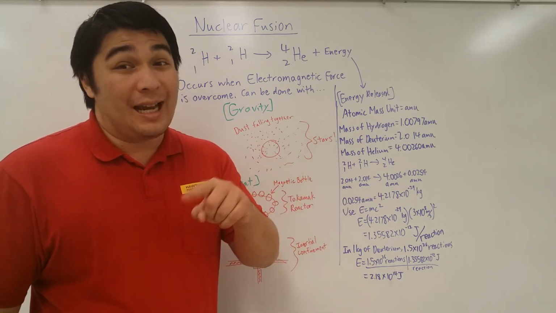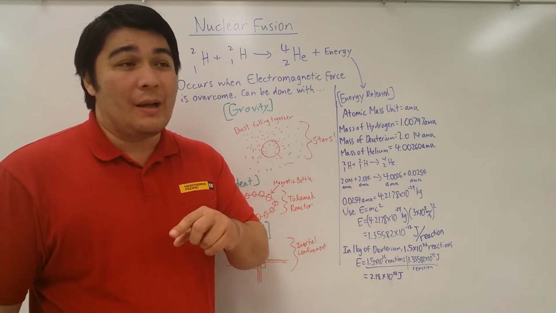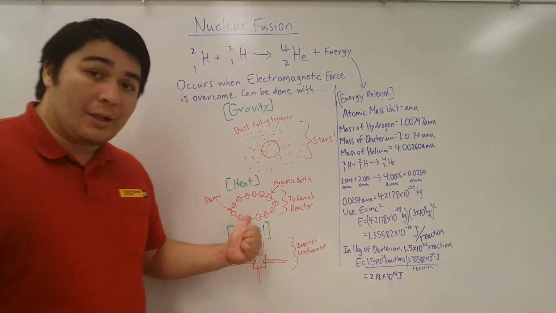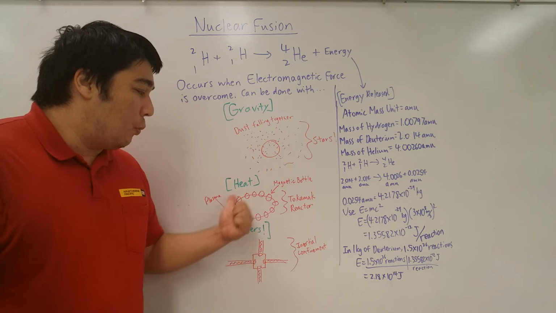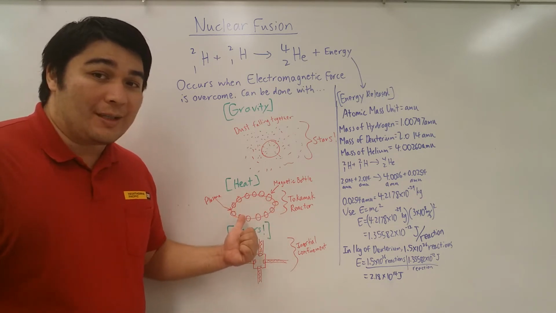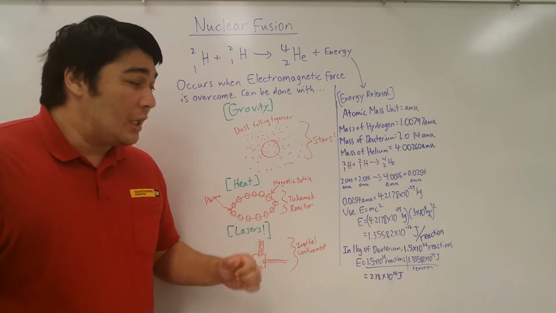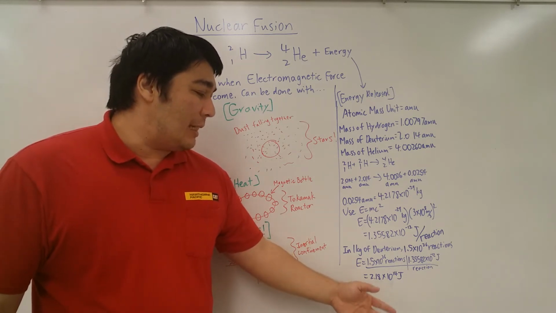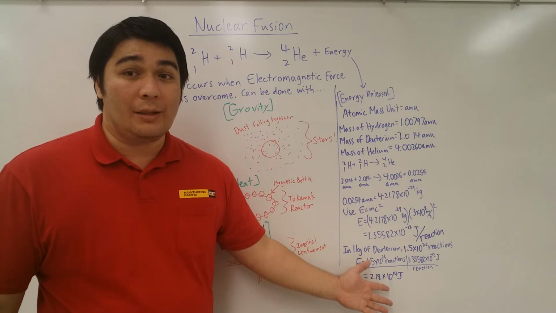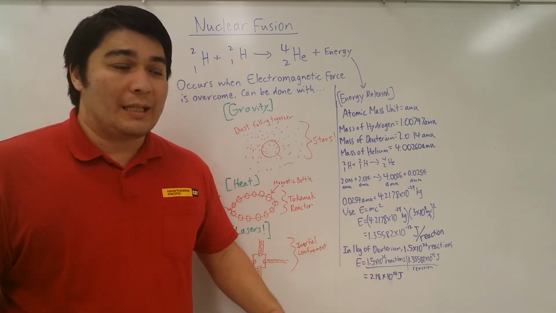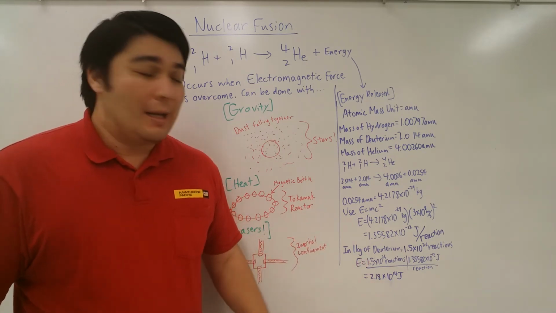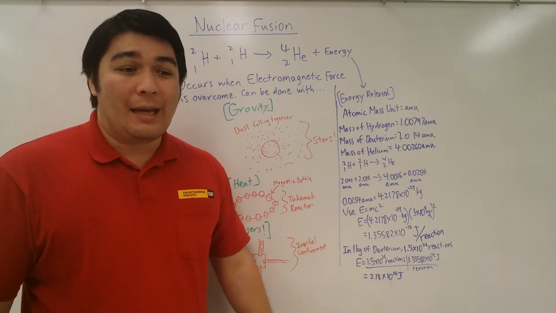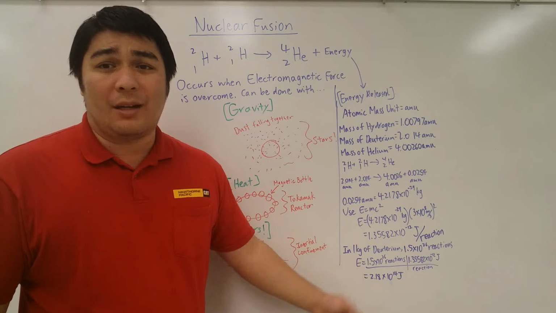Now that is actually a significant amount of energy, and that's only from 1 kilogram of deuterium. Can you imagine if you had a tokamak right here? This has way more than a kilogram of deuterium inside of it. So this thing could produce huge amounts of energy. And of course, let's say you burn through a kilogram of deuterium every, say, minute, right? You divide this by 60 to figure out how many watts this could put out, and the answer is it's in the gigawatts.